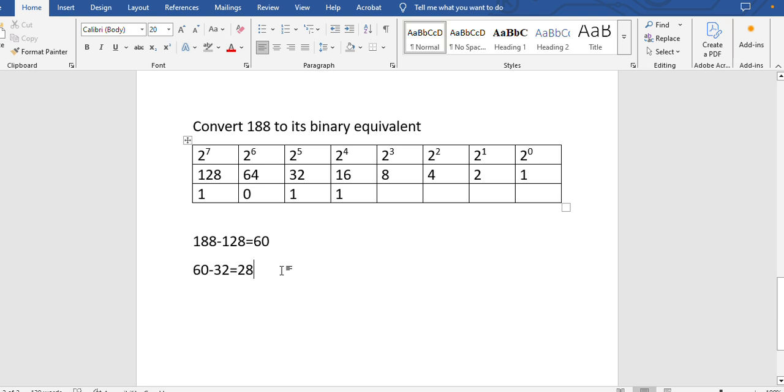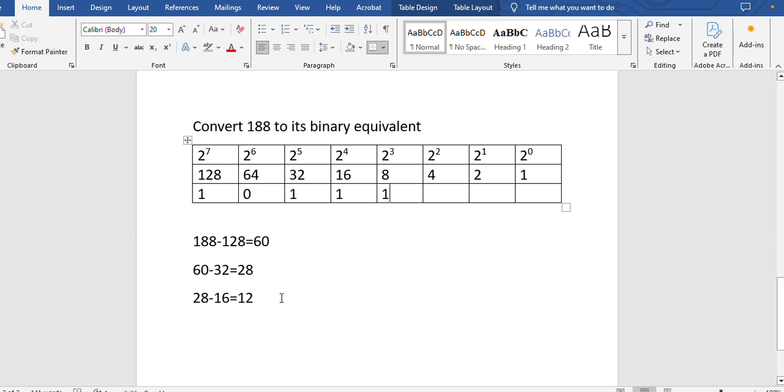So you take this remainder, compare with 16 here, and say, is 28 greater than 16? Yes, it is greater than 16. So we write 1. And then you take 28 minus 16.